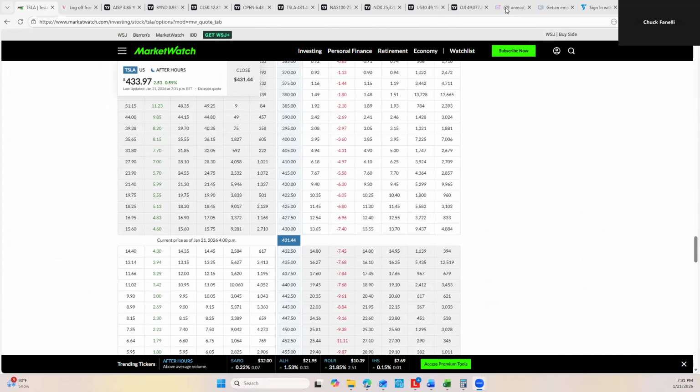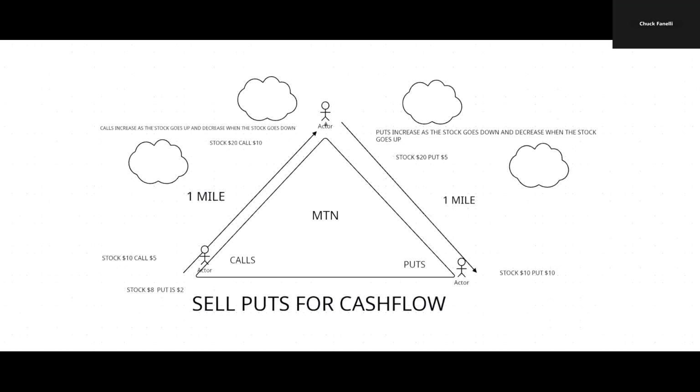Let me throw up my whiteboard again. So in the example I just showed you of Tesla, put a box here. Let's put it here.